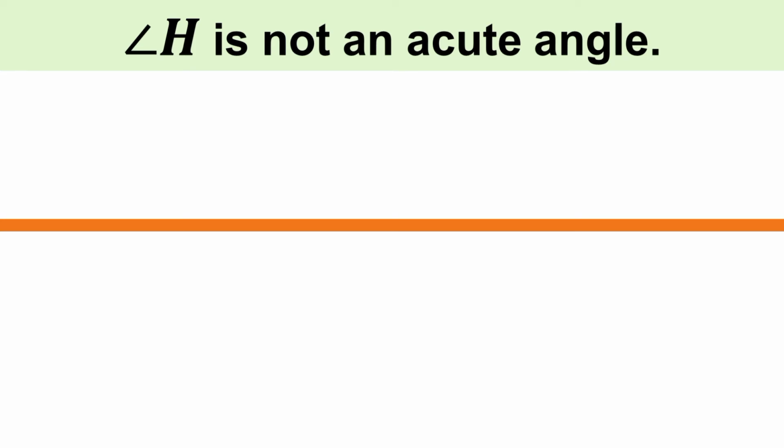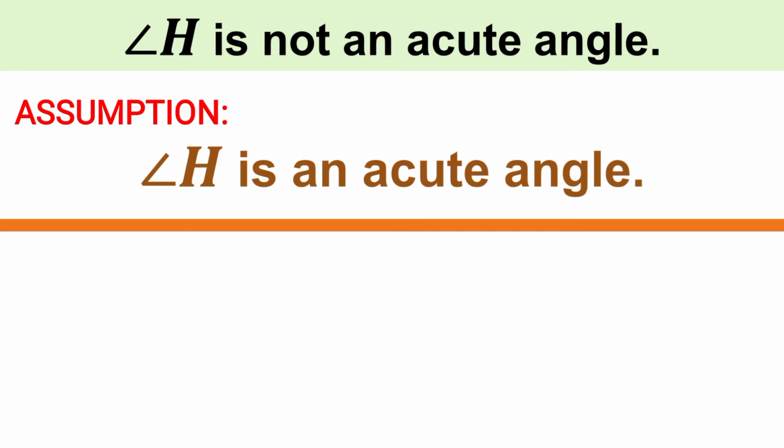So, in this statement, let's practice negating the conclusion. Angle H is not an acute angle. The negation of this statement is angle H is an acute angle. So this will be our assumption.